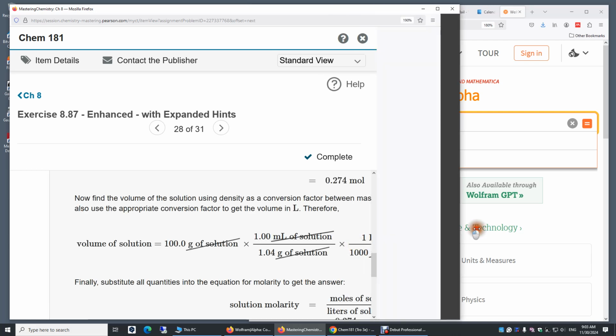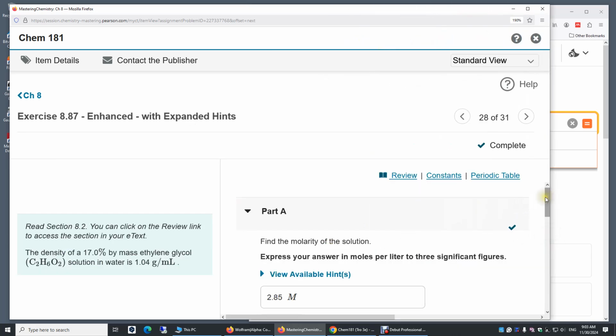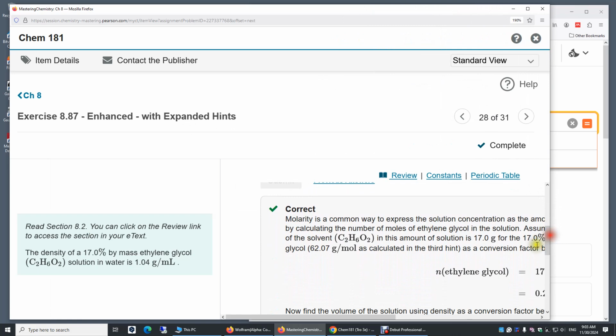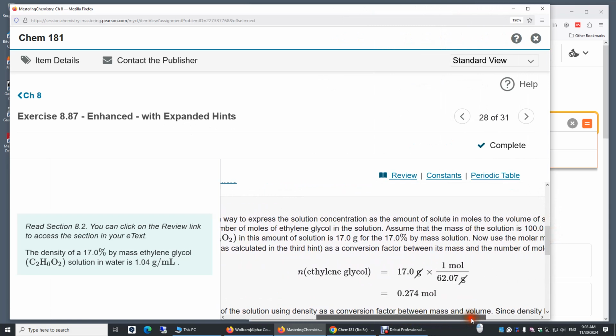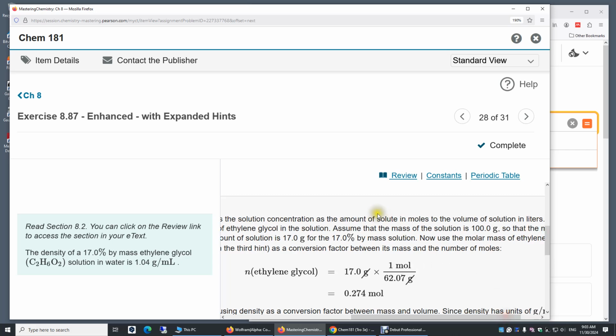Let's see how Mastering Chemistry tackles the problem. I guess they also assumed the mass of the solution is 100 grams. Well, you don't have to do that. You can assume the mass of the solution is 1000 grams. That's fine. You'll get the same concentration in the end.